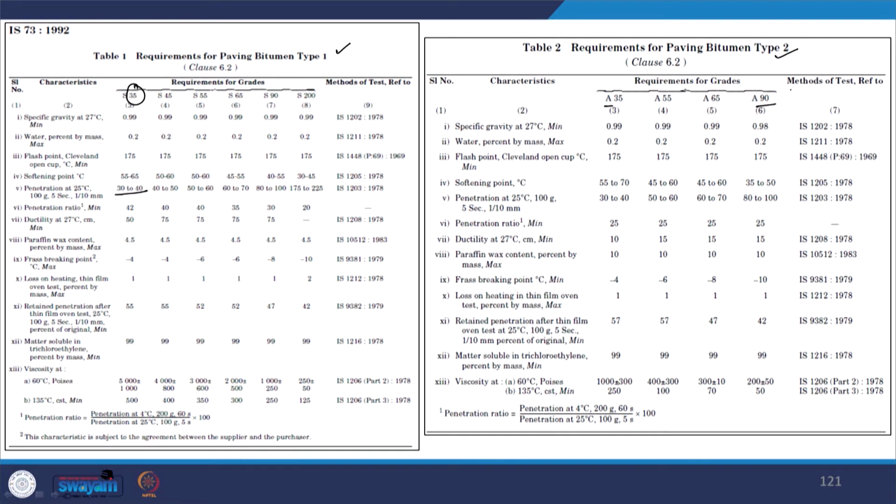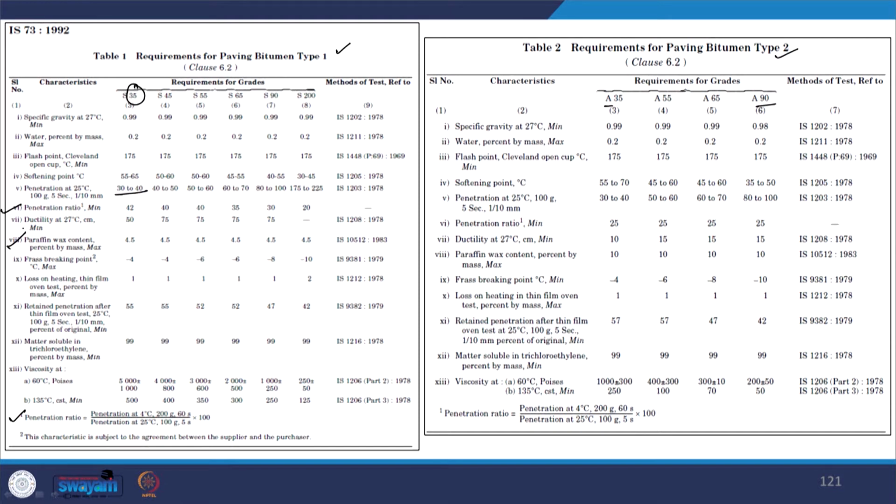So, you can see that some of the interesting things to note down here is that during that time we used to do penetration ratio, where penetration ratio was defined as the ratio of penetration at 4 degrees Celsius to the penetration at 25 degrees Celsius. Why I am highlighting this is because today we no longer use the penetration value at 4 degrees Celsius, or we do not conduct the test.